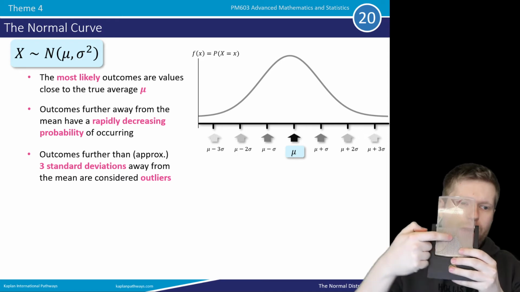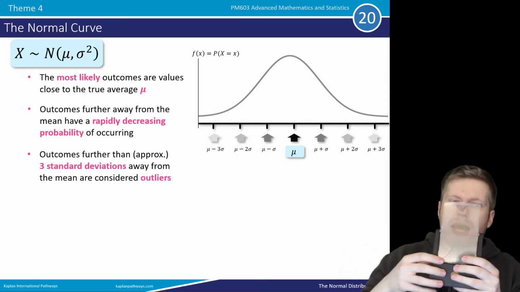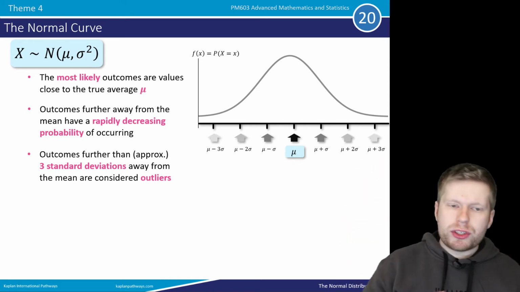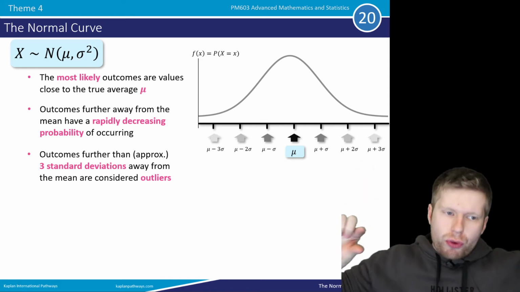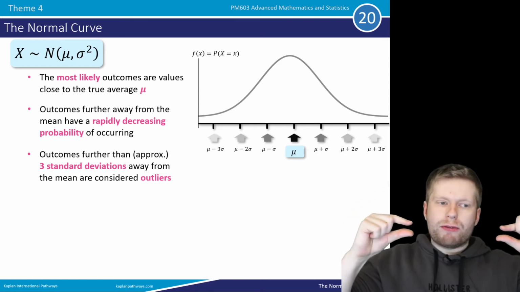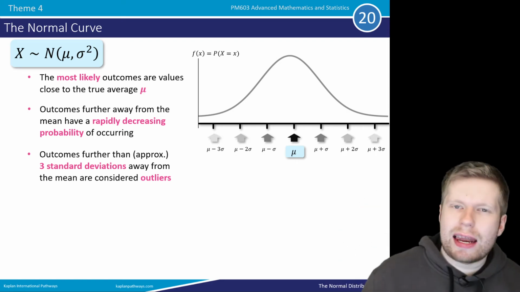We don't expect all the ball bearings to end up in this middle bin. We expect there to be a little bit of deviation each side. And we basically say that the expected deviation is about one standard deviation. And if we look about 3 units of standard deviation each side of that mean value, we should have the majority of our data. Anything outside of that, we'll consider an outlier.